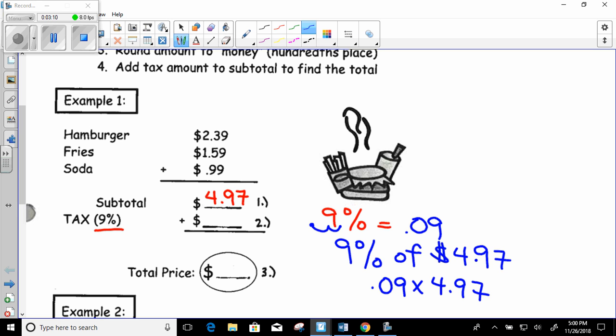So if you do that on your calculator, you're going to get 45 cents, not 9 cents. So the tax is 45 cents. That's it. And then what you do is you're going to add your subtotal plus the tax, which was 45 cents, 9% of $4.97. You're going to add that together, and you're going to get a total of $5.42.